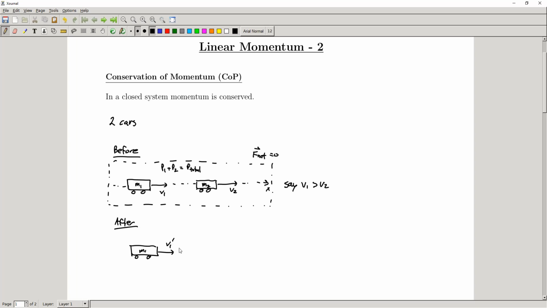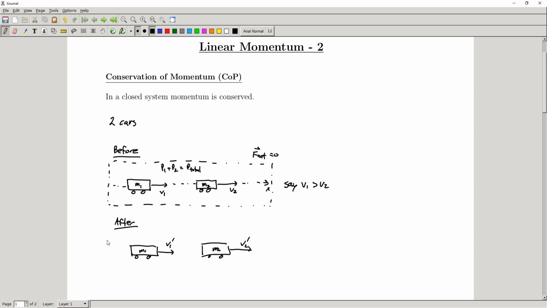So we had v1 before, now we have v1 prime: this is the velocity for car 1 before the collision, and this is the velocity for car 1 after the collision. We'll also have car number 2 after the collision, and it'll have velocity 2 prime.